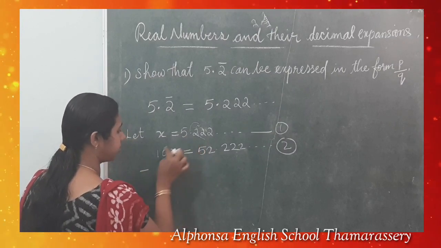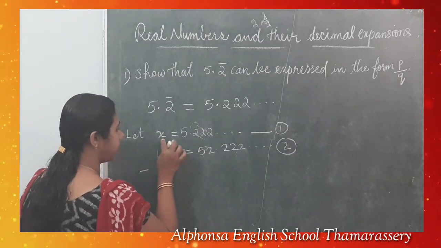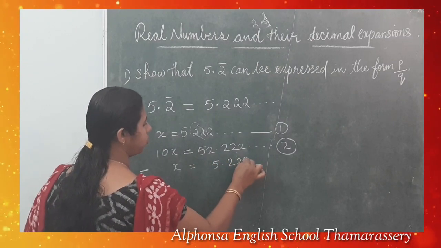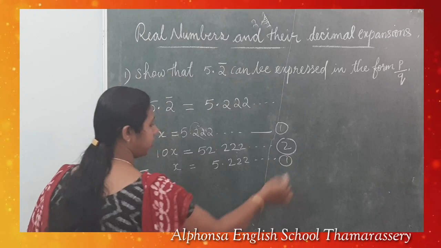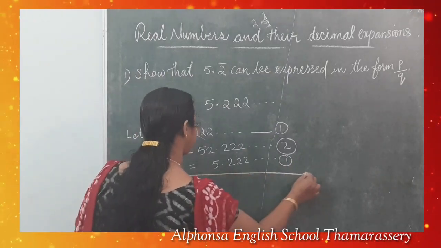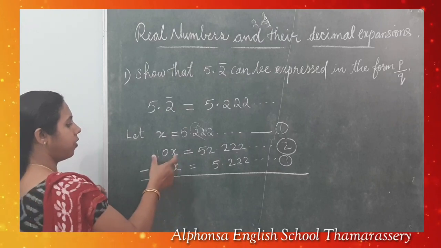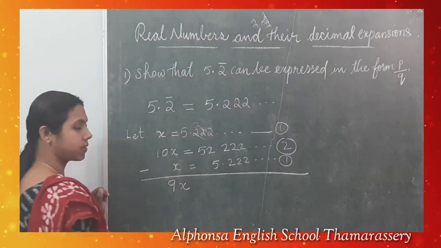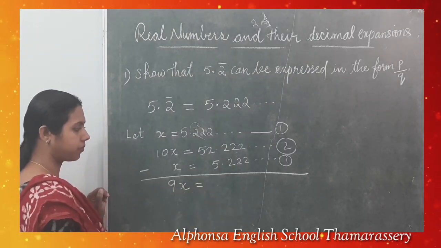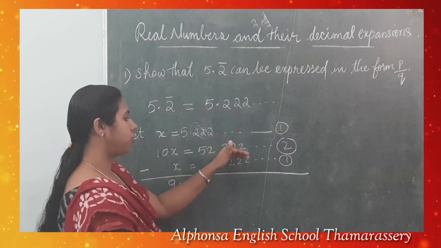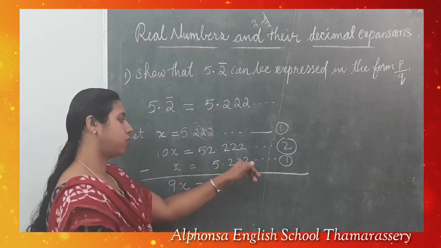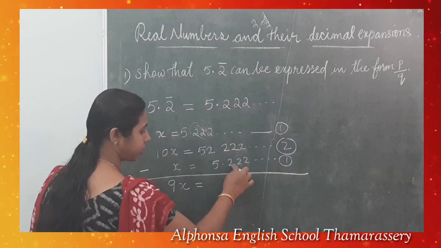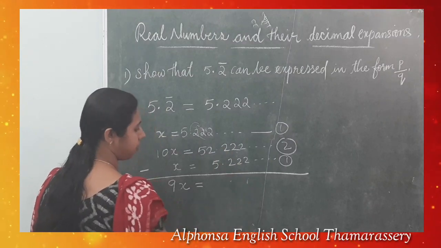Equation 1 is x equal to 5.222 etc. Subtracting equation 1 from equation 2, we get 10x minus x, which is 9x, equal to 52.222 etc. minus 5.222 etc. Here 2 minus 2 is 0, 2 minus 2 is 0, 2 minus 2 is 0, and the decimal point.